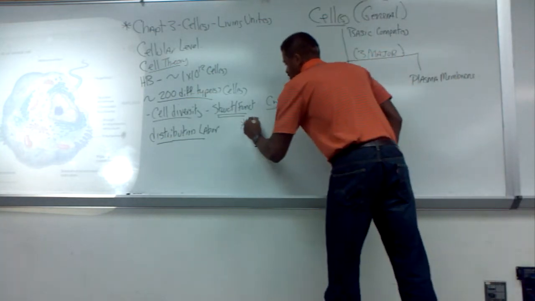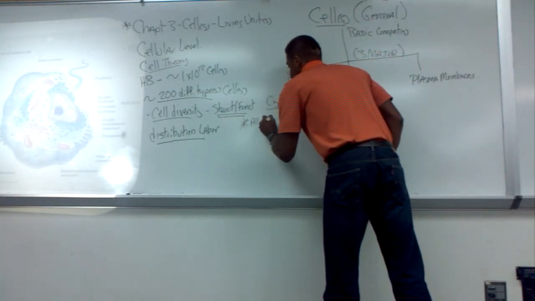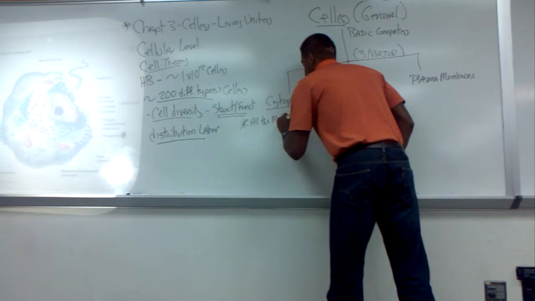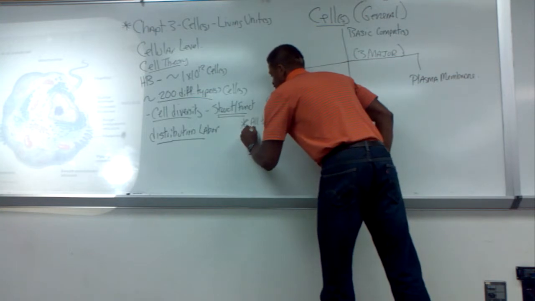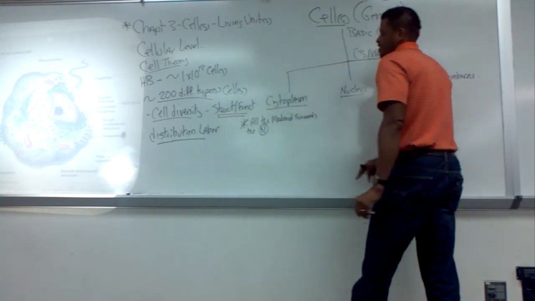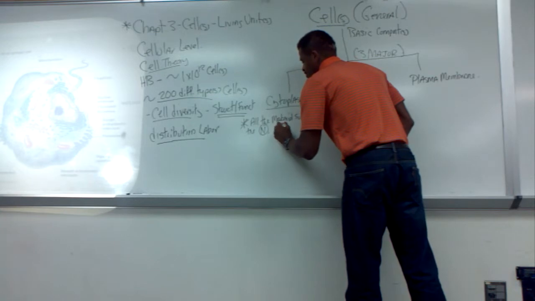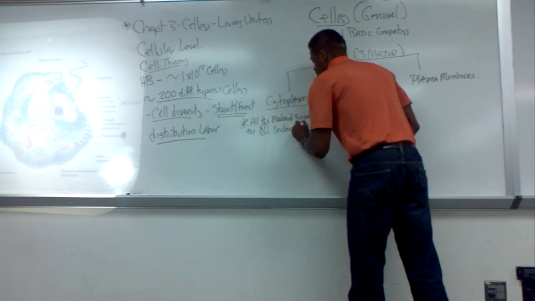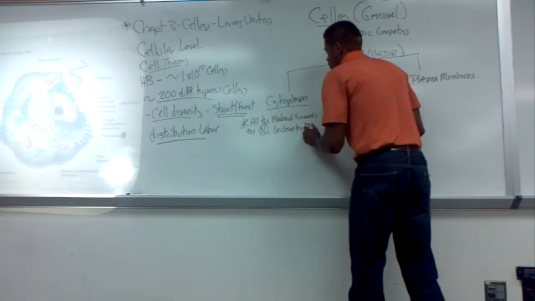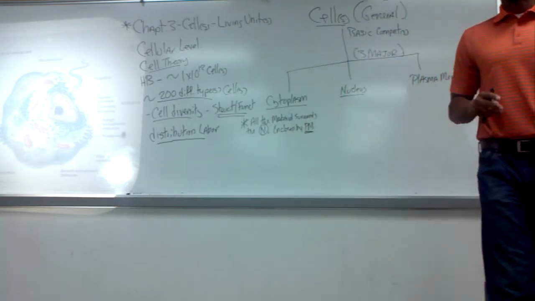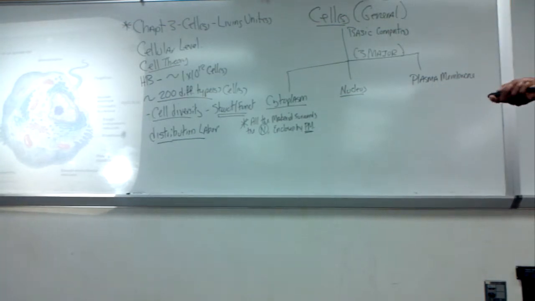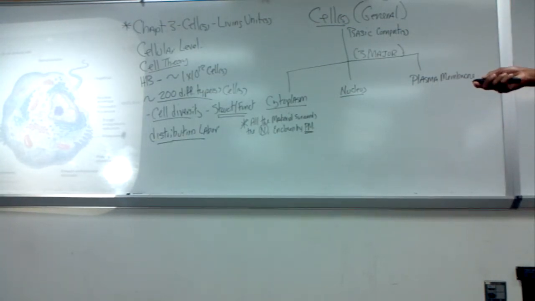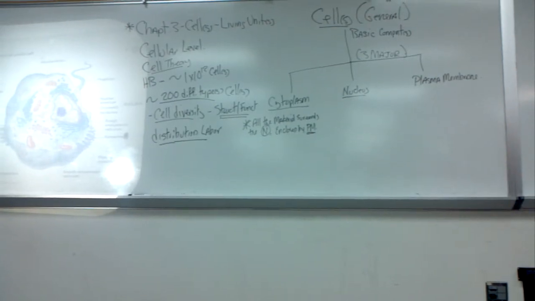It's all the material that surrounds the nucleus, and it's enclosed by the plasma membrane, PM for plasma membrane. So our working definition for the cytoplasm will be all the material that surrounds the nucleus of the cell and is bound by the barriers established by the plasma membrane.